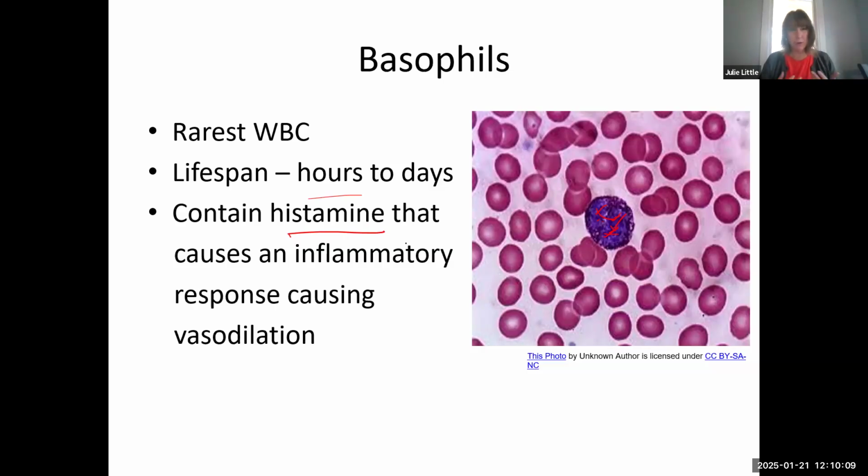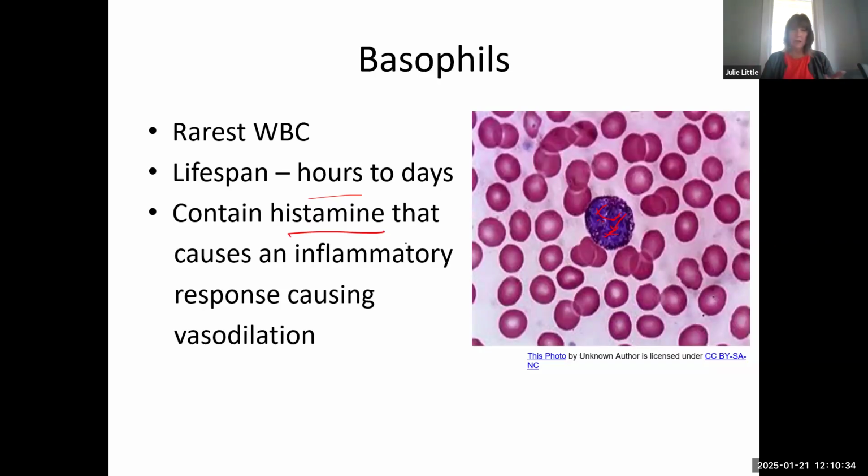Histamine causes an inflammatory response. One part of this inflammatory response is that histamine will cause the blood vessels to become leakier, and fluid will come out of the blood vessels into the area, press on the nerves, cause it to be warmer, and cause pain. That's what inflammation feels like, right? You might have a warm patch that's a little in pain.